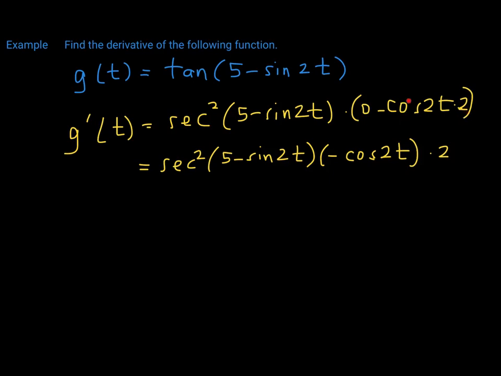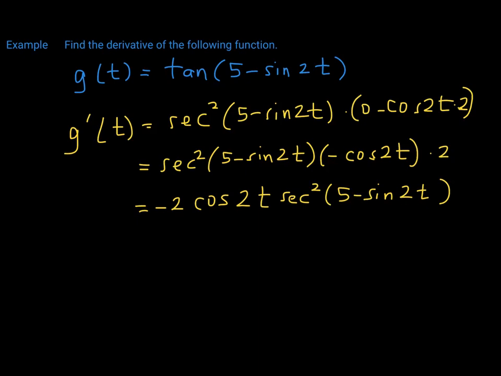It's cosine of 2t and then times 2. We can clean this up because this looks a little messy. This 2 and this negative I'll pull out to the very front. So it'll be negative 2 times cosine of 2t times secant squared of 5 minus sine of 2t. All right, very good. That's the derivative.